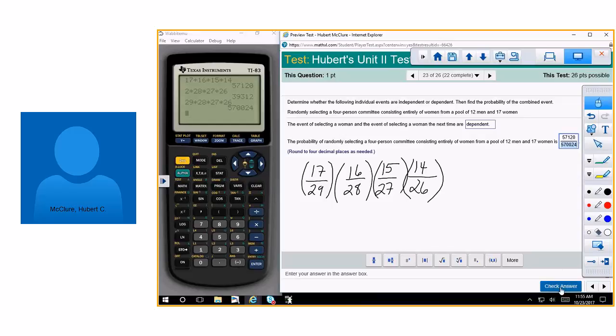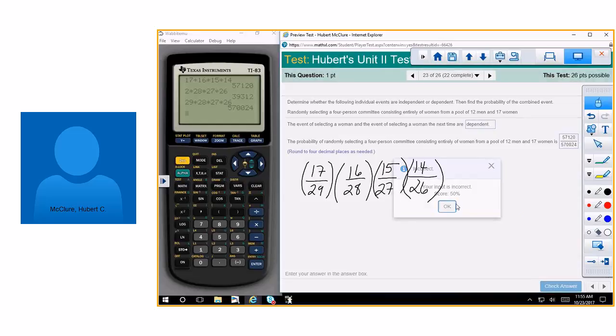Well. Okay, then I must have missed. Which one did I get wrong? Dependent is without replacement. You can't replace a woman after you picked her. Oh, well, it says round to 4 decimal places. Okay, well then that's why.